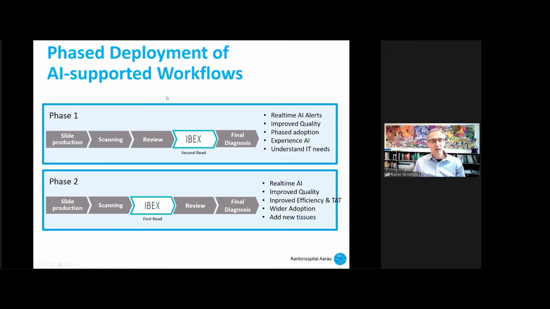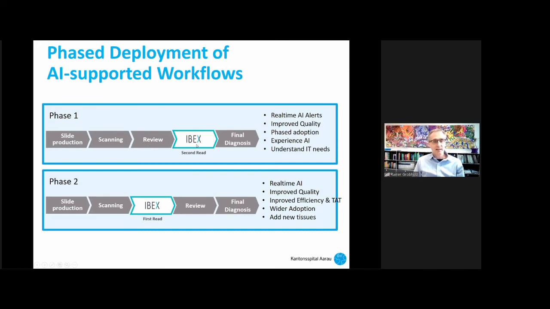So how can we use it? Currently we are trying to get comfortable with all this. So that means we have two phases, and with this workflow we're working in the first phase with the second read. That means after scanning, the pathologist is still reviewing, and also the software is reviewing the slides.